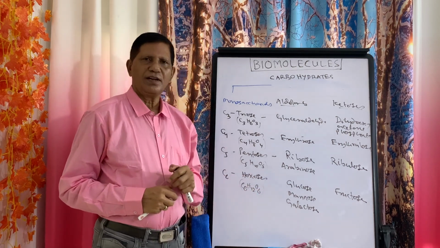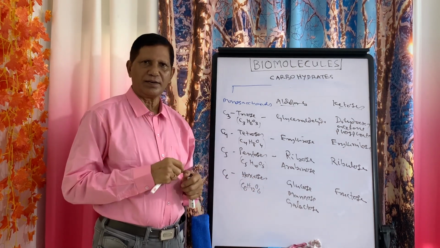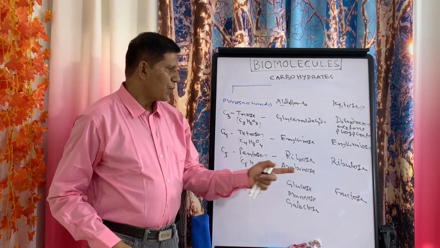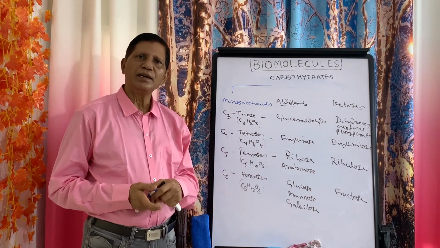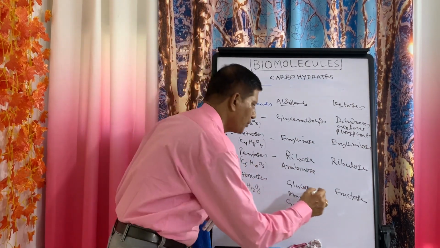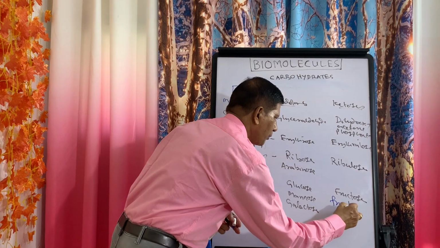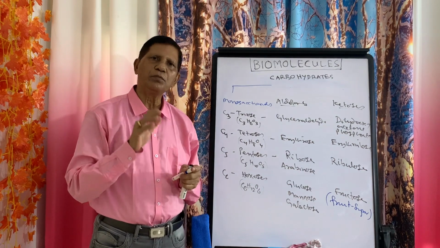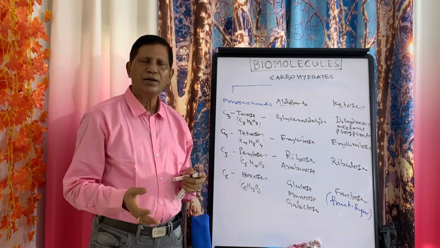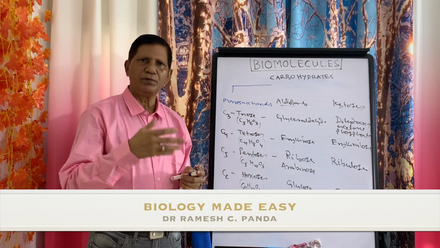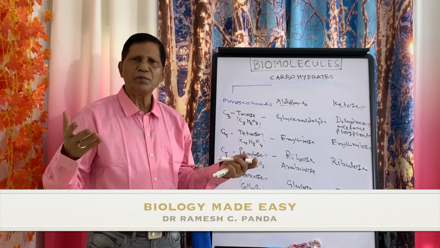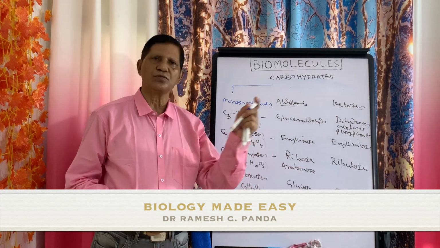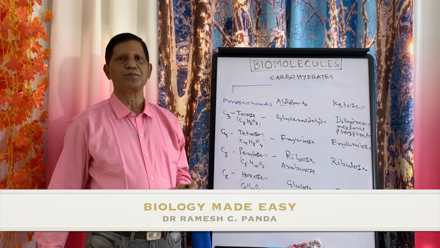And galactose is known as a brain sugar and also nerve sugar, because it is present in nerves and brains. While fructose is the real fruit sugar. That means any fruit we are taking and it is sweet in taste, that is due to fructose. Whether it is papaya, banana, or any type of fruit that is sweet in taste, it is due to fructose because it gives a sweetness.